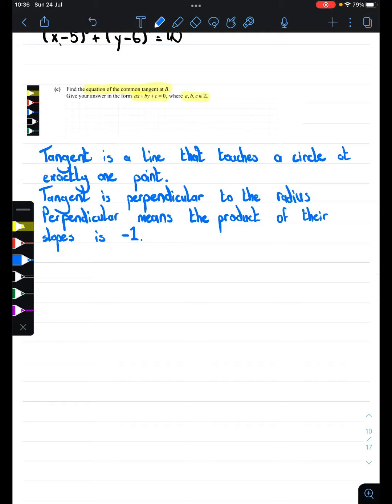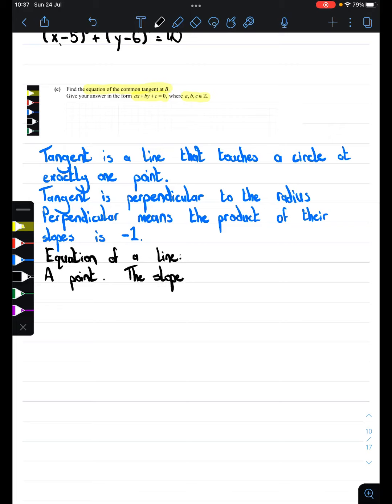Well, how do we get the equation of a line? Well, to get the equation of a line, we need a point and the slope.